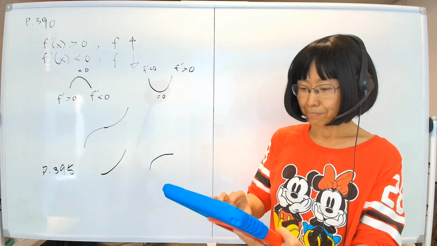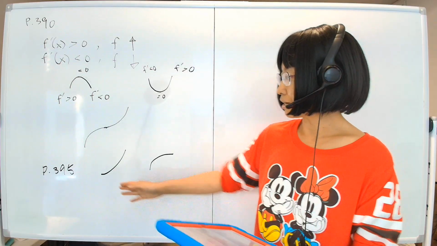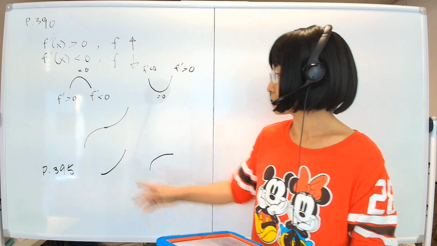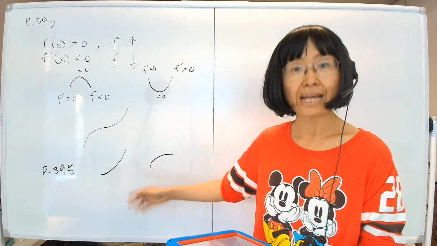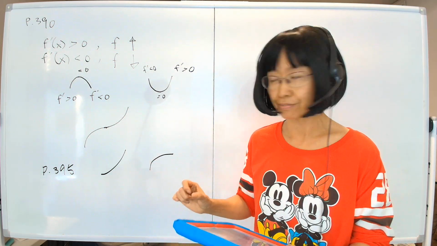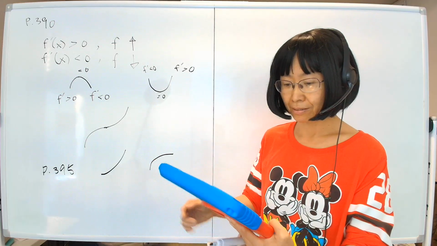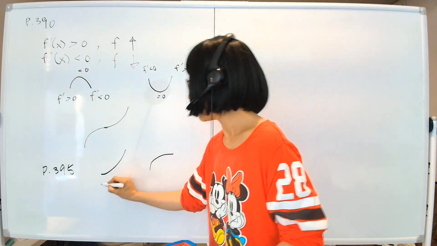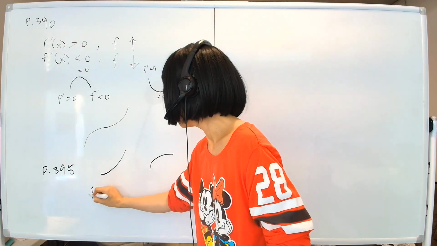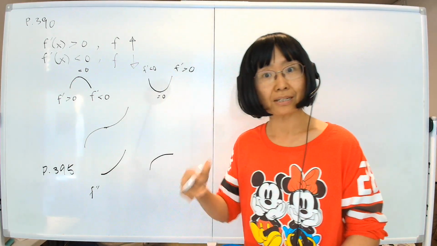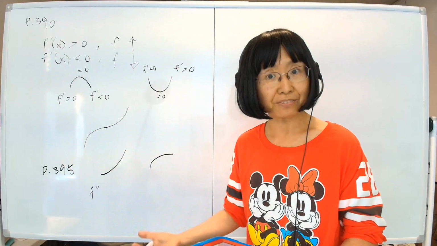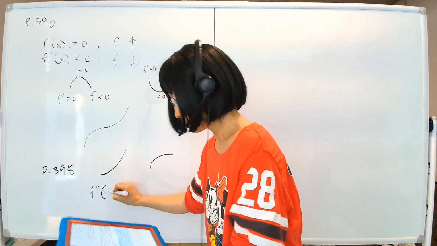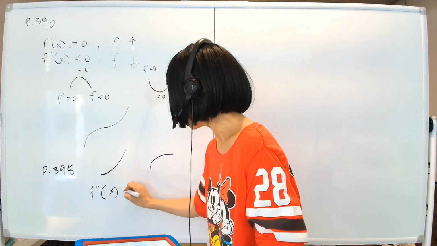Next, what is concave up exactly? Concave up means that the increase is increasing. In other words, the second derivative is going up. That is, it is concave up if f double prime, the second derivative, that is, you take the derivative and then take the derivative of that, the acceleration, is bigger than 0.